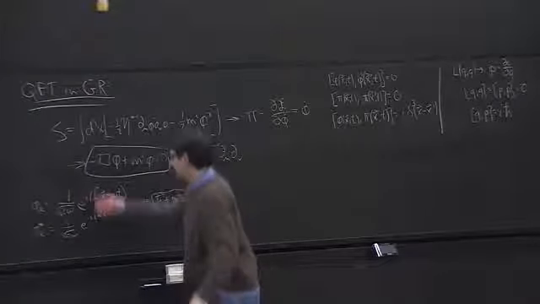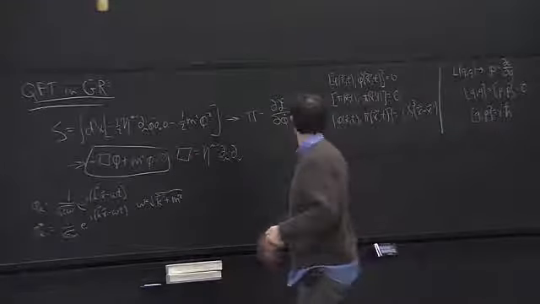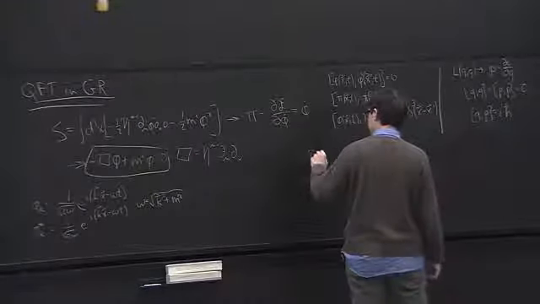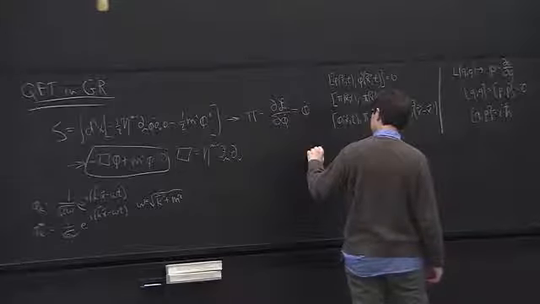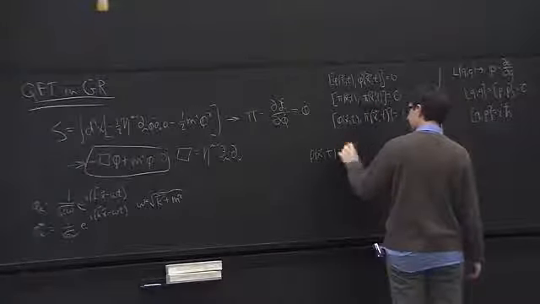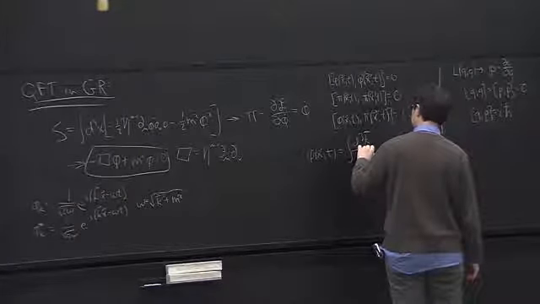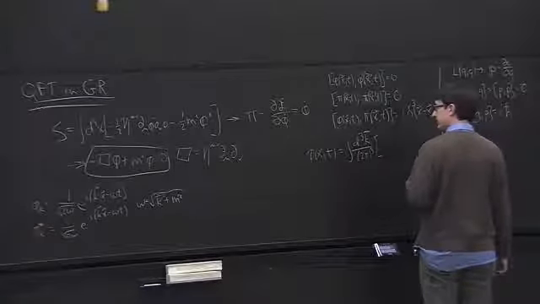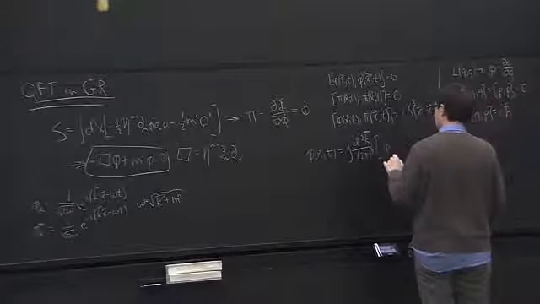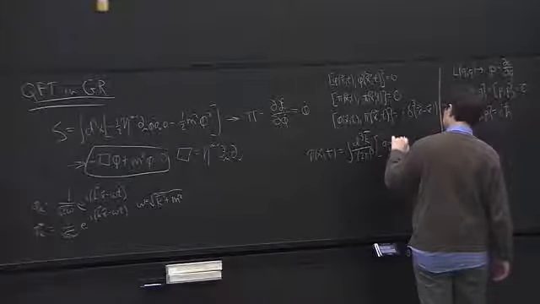Those guys together form a complete orthonormal set of solutions for this equation. So we can take any solution and expand it in terms of them. That expansion looks like some Fourier coefficients times the solutions.